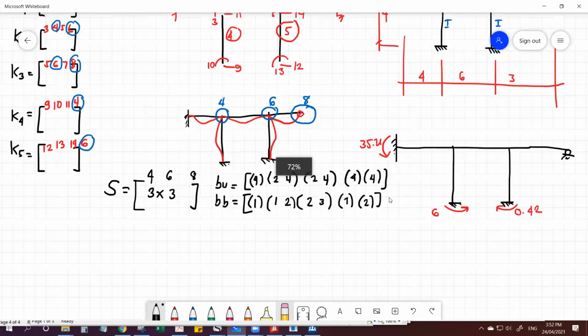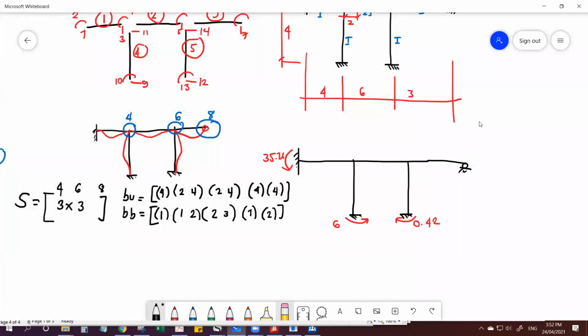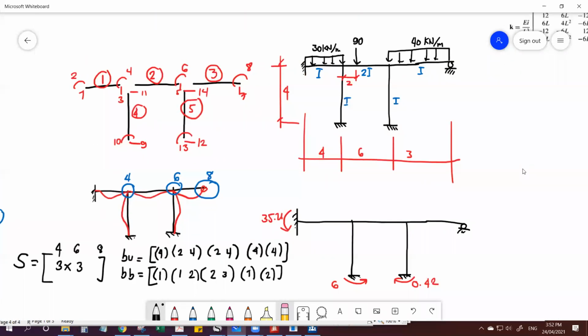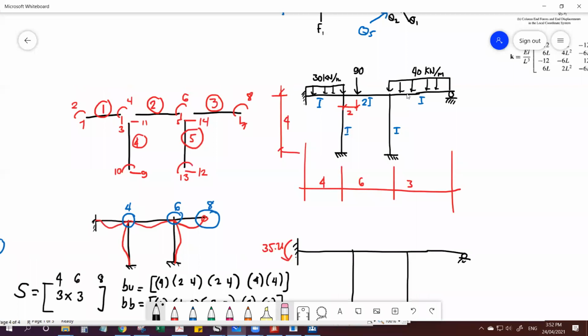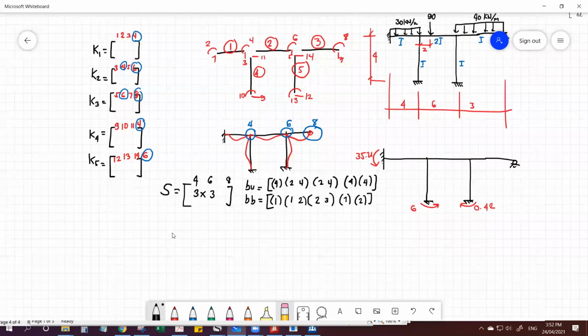Next is our QF. As you will observe, you have three members: two members with a uniform load and one with a concentrated load.